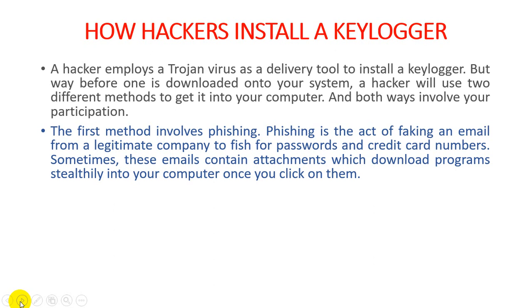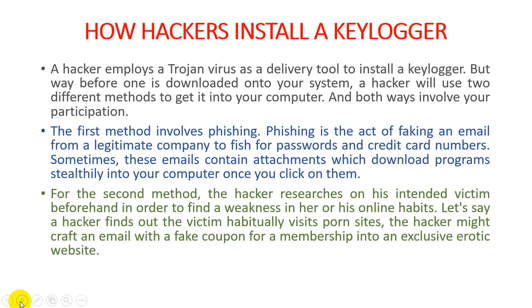So one technique through which a hacker can install a keylogger on our system is a phishing attack. Whenever a phishing mail has an attachment and we download it by mistake, a keylogger may be downloaded onto the system.